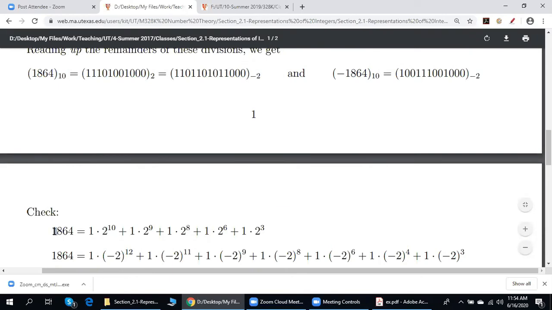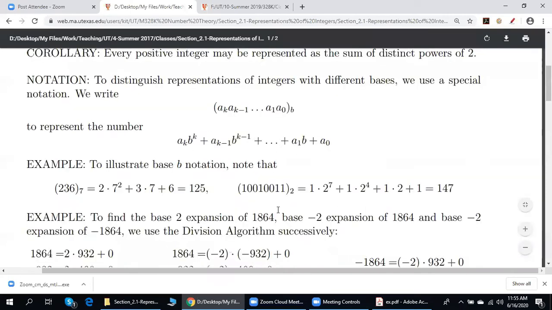Note that if instead of 1864 we have negative 1864, there is no way we come up with this, because 2 is positive and all a k's are positive.